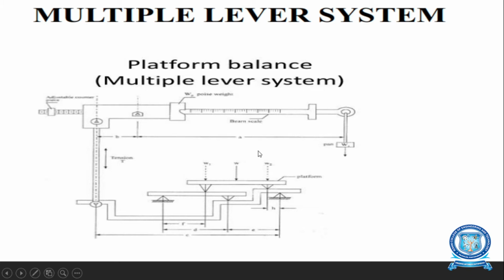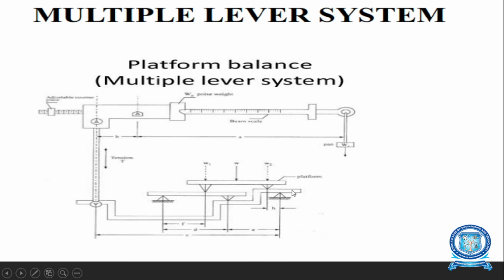The initial balance can be maintained by an adjustable counterpoise. The poise weight WP is set to 0 on a beam scale before the unknown load W is applied to a platform, and the counterpoise is adjusted to obtain the initial 0 balance.